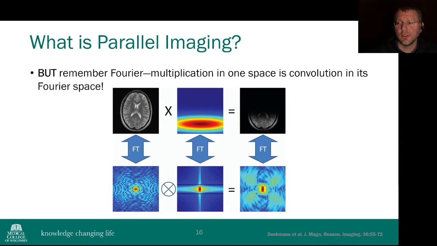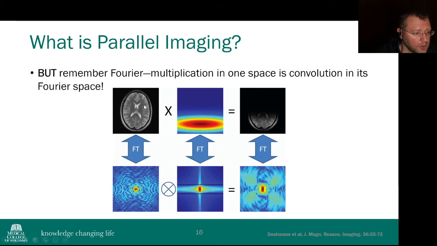that's the equivalent of doing a convolution, or moving a kernel around an image and sort of replacing one pixel with some set of weighted average of the pixels around it in the other space. So as I said, in the image space, we're talking about having some coil sensitivity, let's just call it like this, multiplied with your underlying image intensity to get your individual coil images.